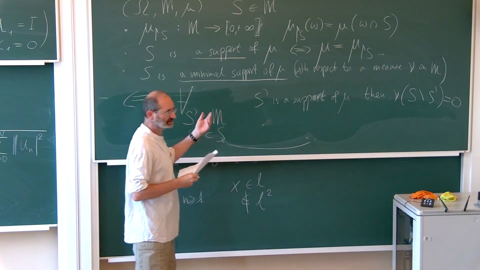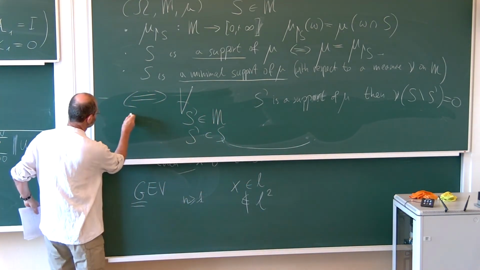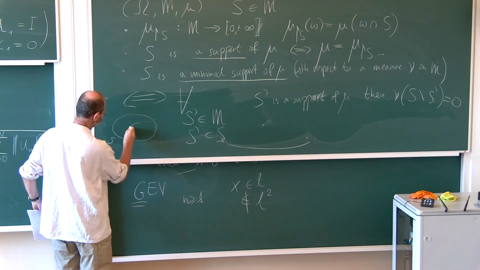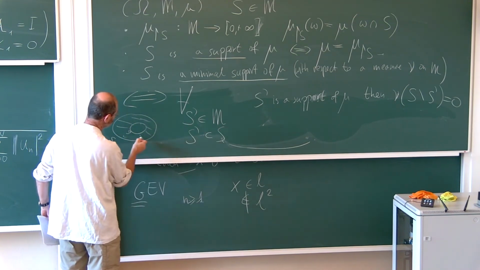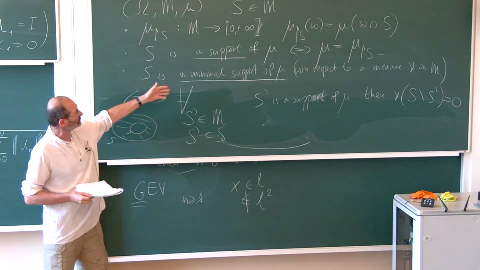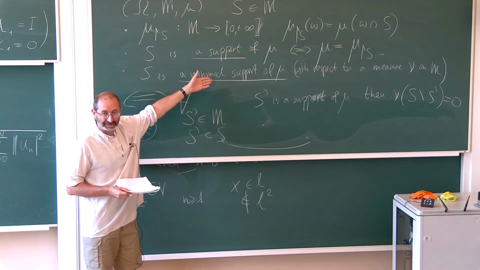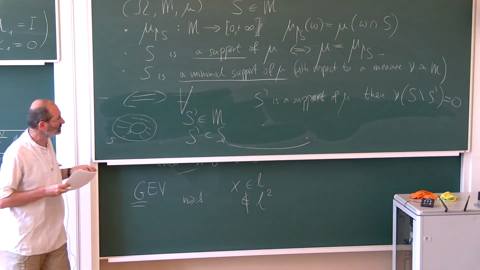So in this sense, this is minimum. This is S, this is S prime, and it cannot be larger. Of course, usually it's also not the unique notion, but it's a convenient condition sometimes.